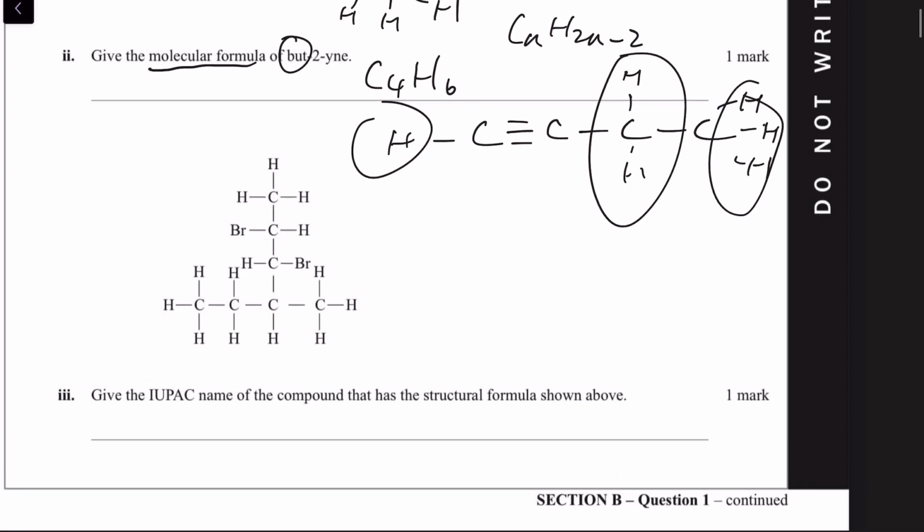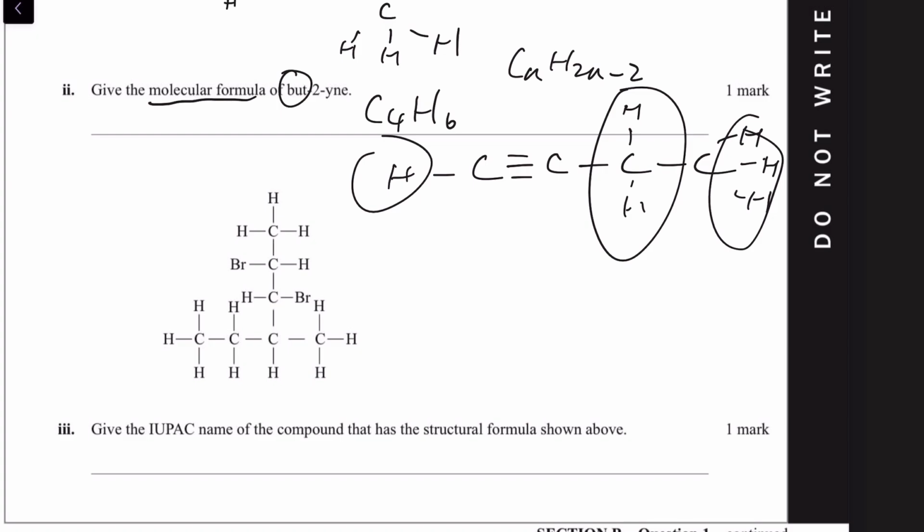The last one is to give the naming of this compound. First, we want to identify the longest carbon chain, and then make a decision of whether you go from top to bottom or bottom to top.